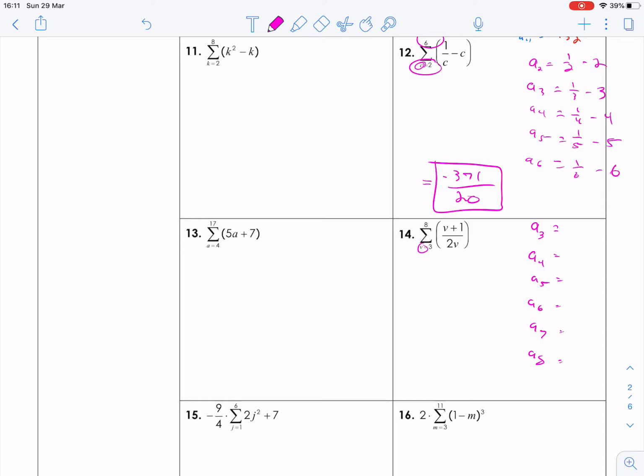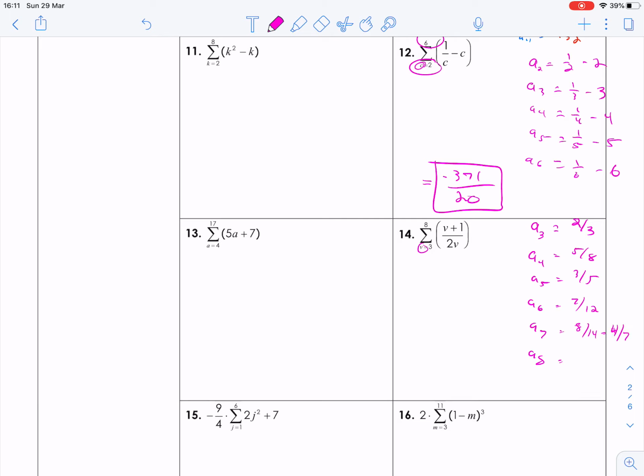A3 is going to be 3 plus 1 over 6, that is going to be 2/3. A4 is going to be 5 over 8. 3 over 5. 7 over 12. 8 over 14, sorry, which is 4/7.